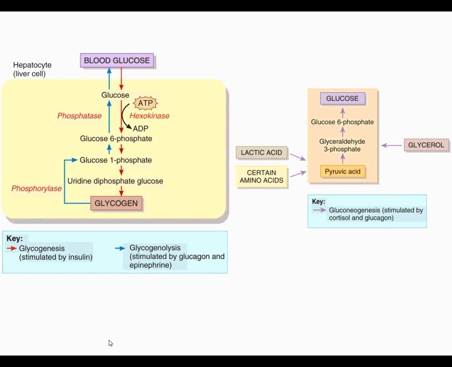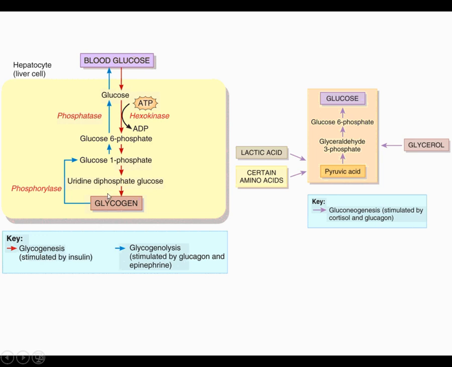Those three processes are all illustrated here on this page. Okay? They're a lot more complicated than I basically just described. But if you just follow the arrows, that's all I really care about. Okay. Going from blood glucose to glycogen with our red arrows, that is glycogenesis, okay, which is stimulated by insulin, okay, when we are high in blood sugar.